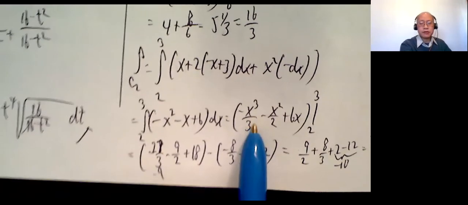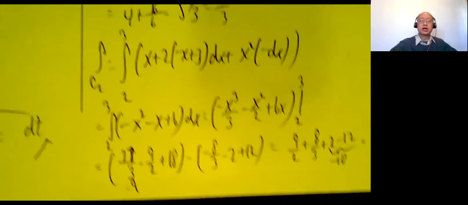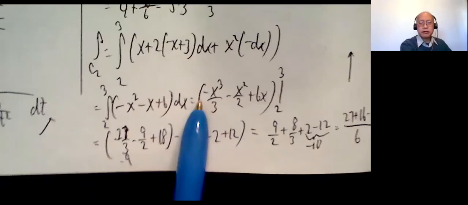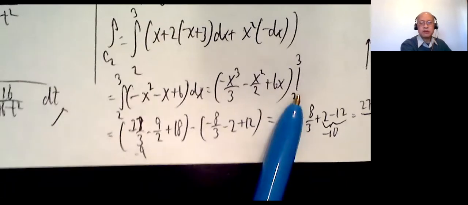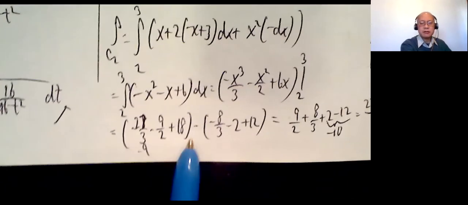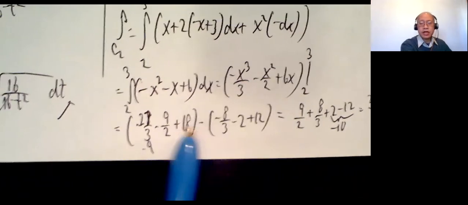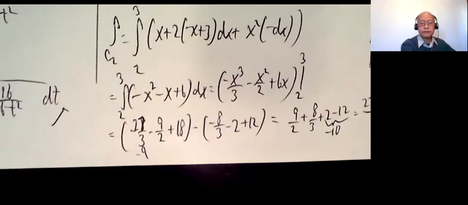Okay, so negative x cubed over 3 minus x squared over 2 plus 6x from 2 to 3. Unfortunately, this time I don't have a 0 that I can plug in. Plug in 3, negative 27 over 3, which is negative 9, minus 9 over 2, plus 6 times 3 is 18, minus, plug in 2, negative 8/3, minus 4 over 2 is 2, plus 12.